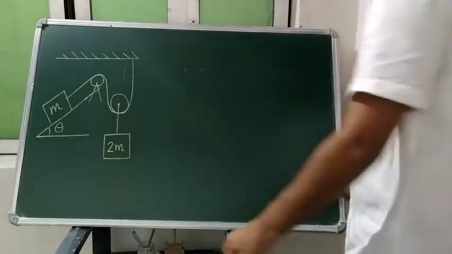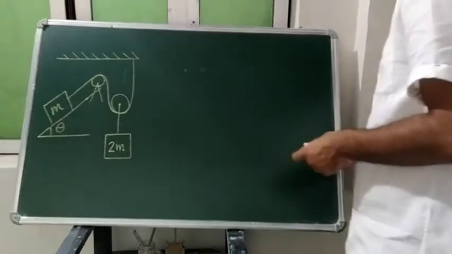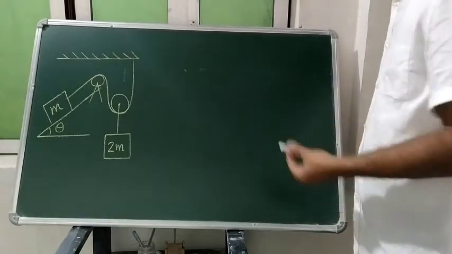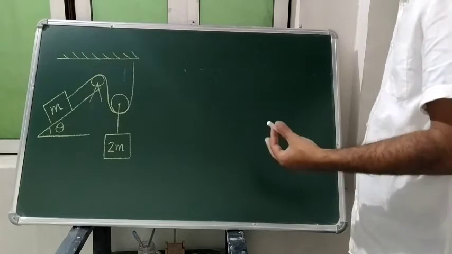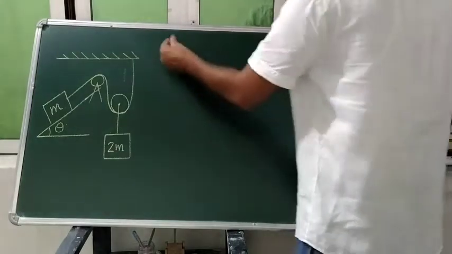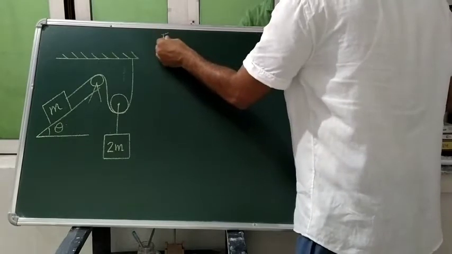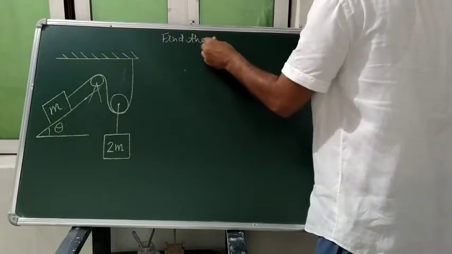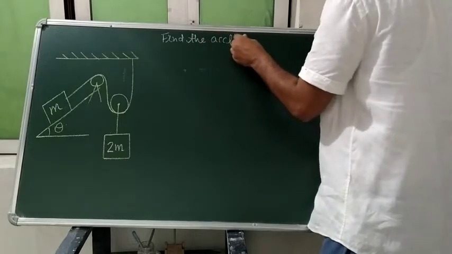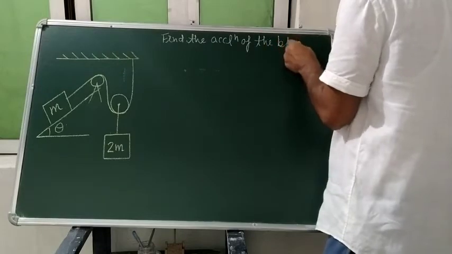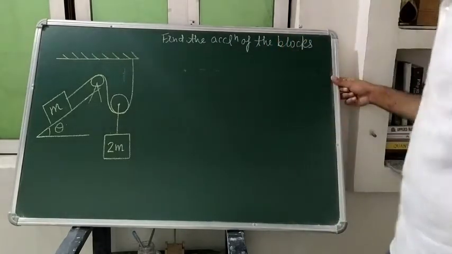Okay, so it was our problem, students, and we want to know the acceleration of the blocks. The question was saying to find the acceleration of the blocks. Is it?